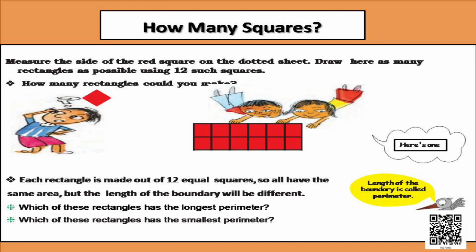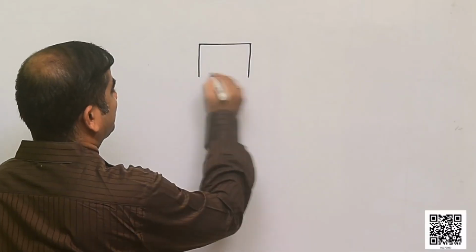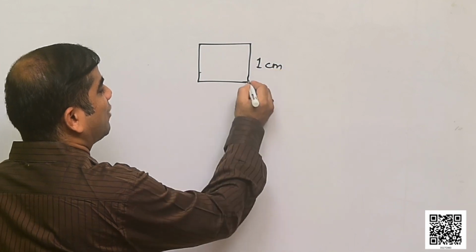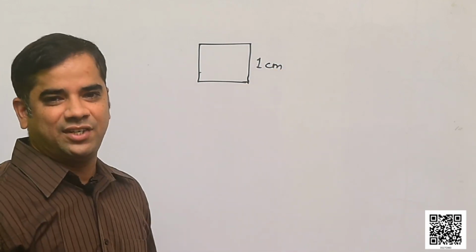As I have already told you, each side of that red square is 1 centimeter. So this smaller square is a square having a side of 1 centimeter each.